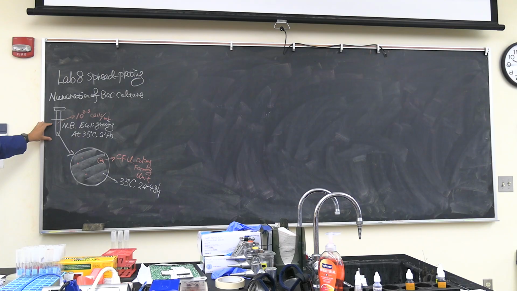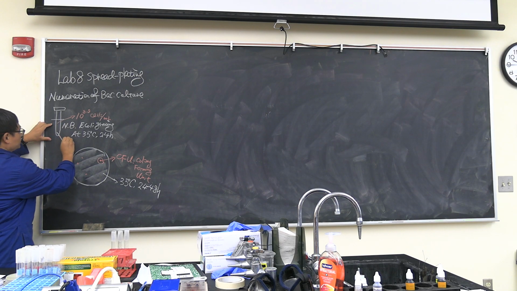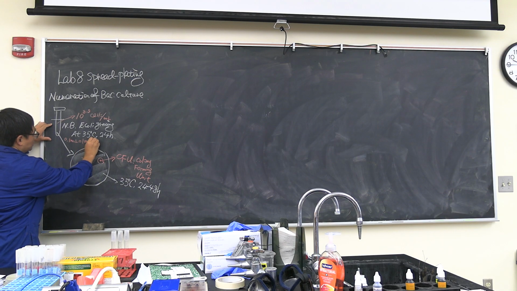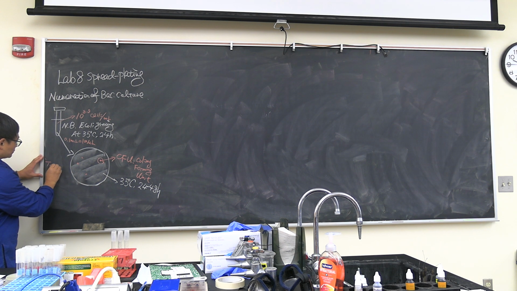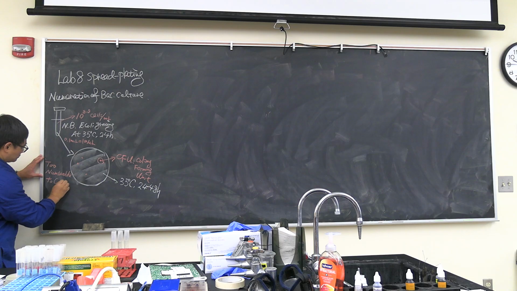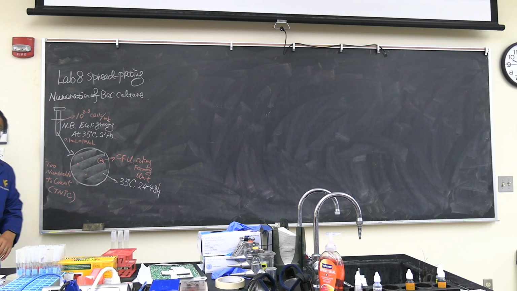It's huge. So if we add 0.1 ml, which means 100 microliters, onto the agar plates, it will not form colonies because it's too dense. We usually call this too numerous to count, TNTC. So we cannot do that.